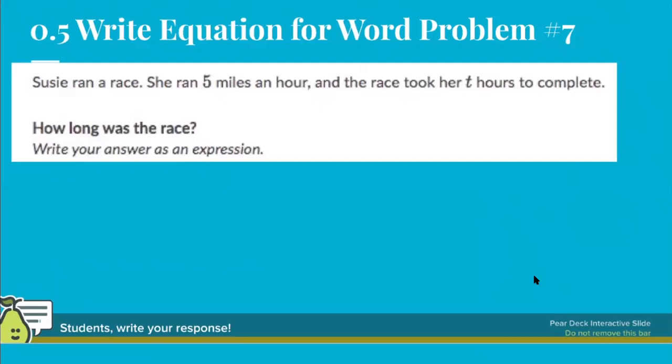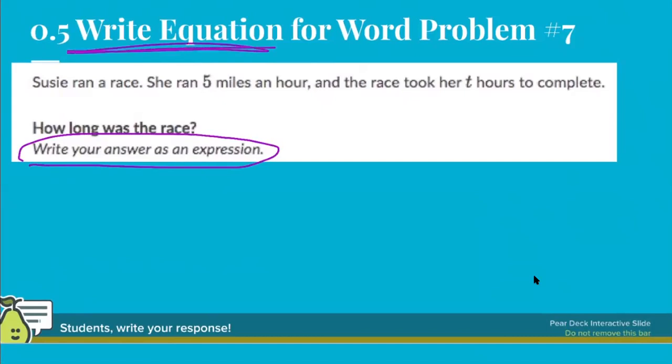Last time I assigned this in Khan Academy, these are problems that I see you have trouble with. So that's why I chose these questions to go over again. Write an equation for word problems. For this one, it asks how long was the race, but they want you to write the answer as an expression. So you're not solving it, right? You just write an equation.